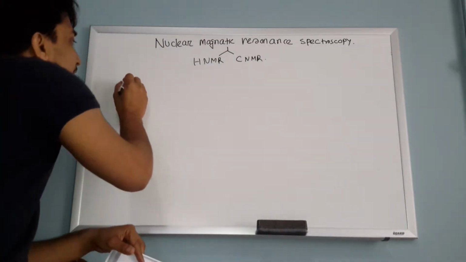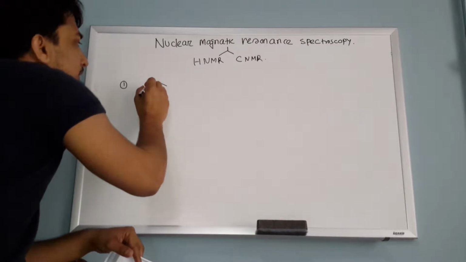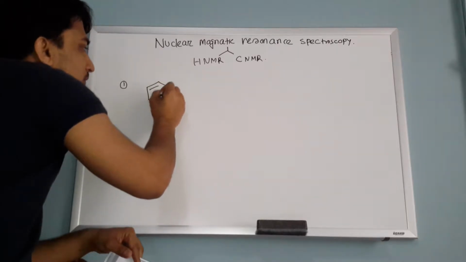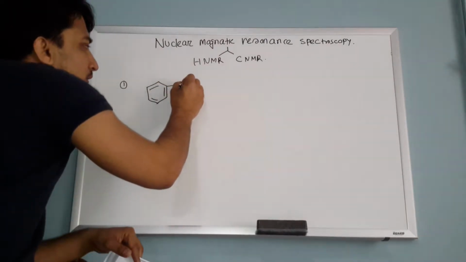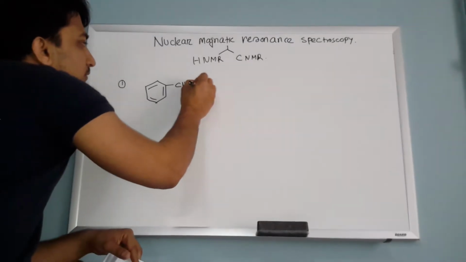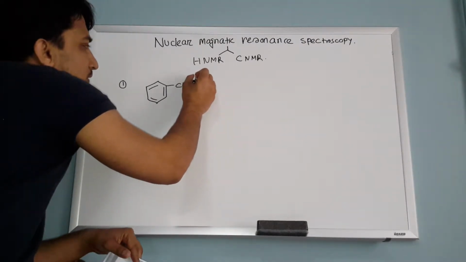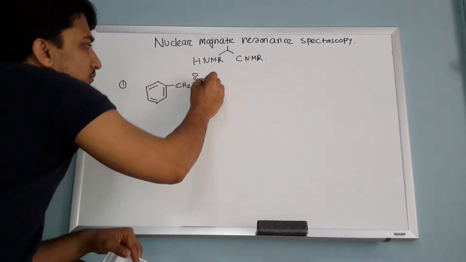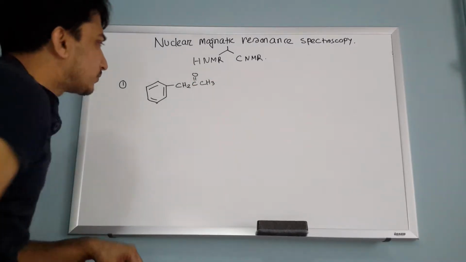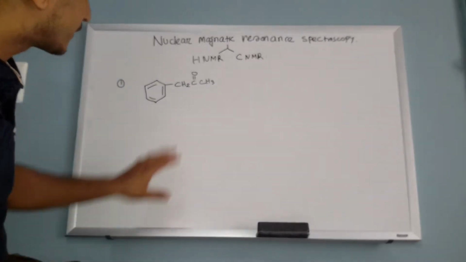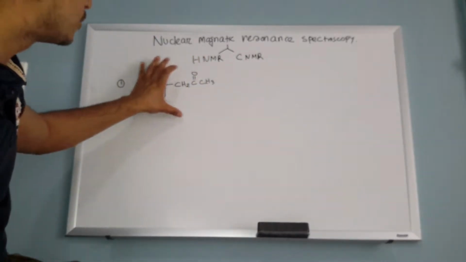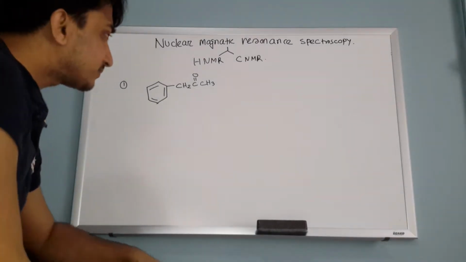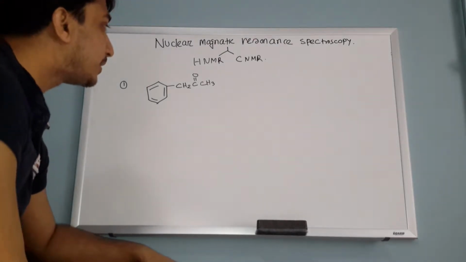So for example, if I give you this particular compound and if I tell you to find out the HNMR, how you can figure out the HNMR, it is really simple.